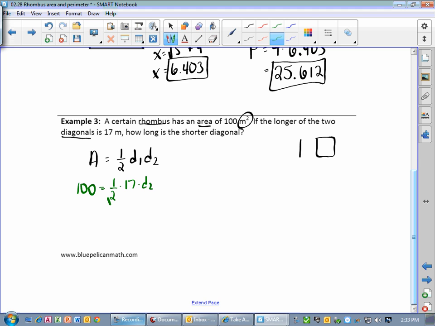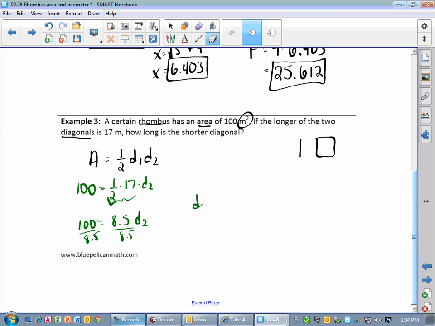We can multiply the 1/2 and the 17, so we get 100 equals 8.5 D2. Then divide both sides by 8.5. D2 is 11.765.